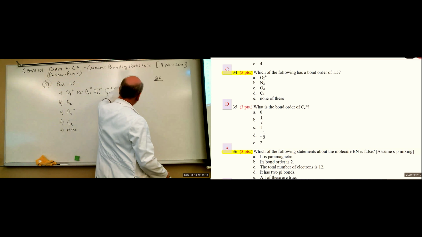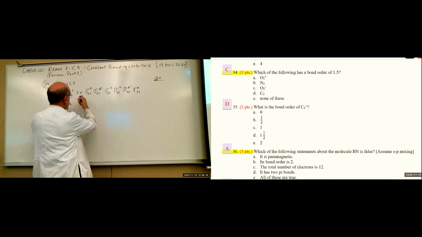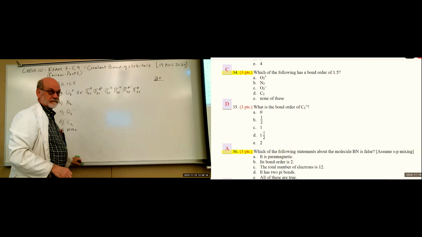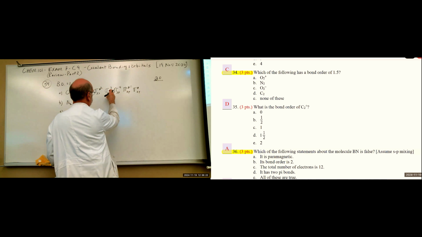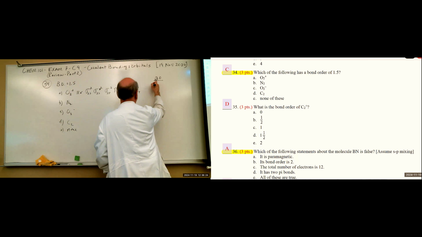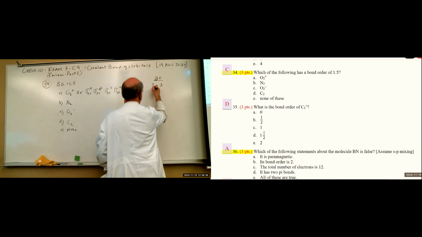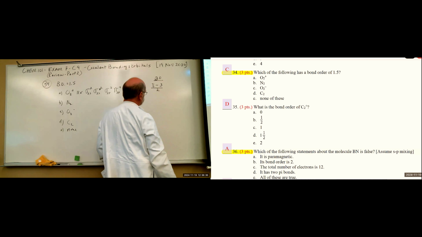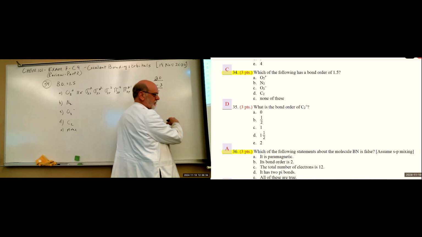So I need to take this one and go back down to 1, and this should be 11. Now we can do the bond order. We have 4, 5, 6, 7, 8 minus 2, 3 divided by 2. So that's 5 divided by 2, which is 2.5, isn't it?